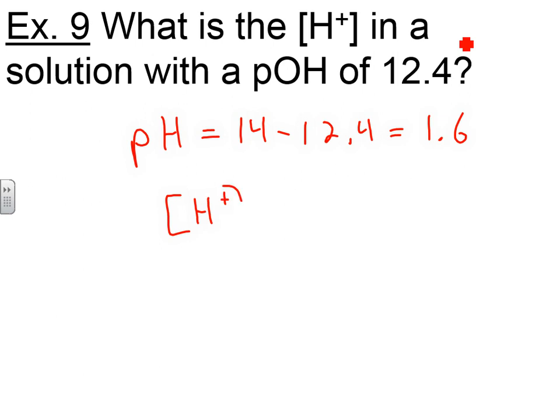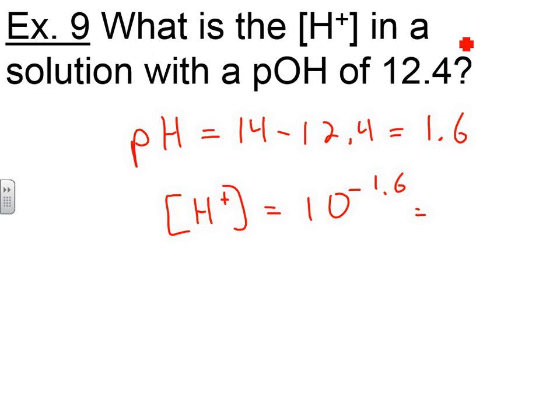Now this should be a small number because we're raising it to a negative power. It looks like my calculator currently does not have this function, so we'll let you figure that one out.